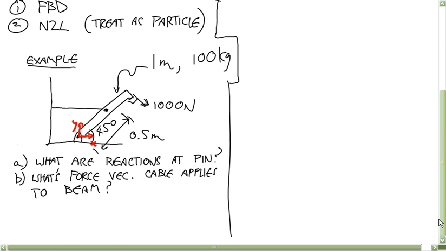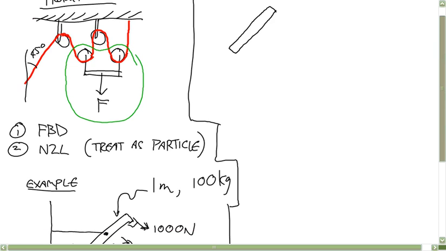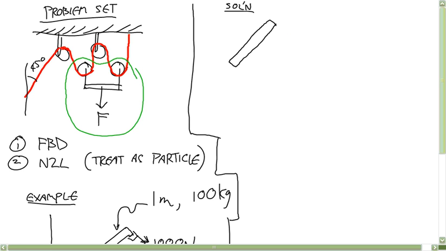Well, there's a force due to gravity, and then there are forces wherever anything's touching. We know there's a force here, so I'll write that one in right now: 1,000 newtons. And then there's a force due to gravity that acts right at the center of mass, going down, and it's 981 newtons.